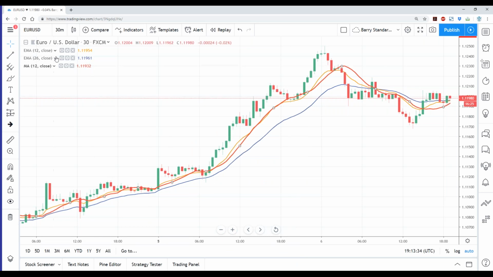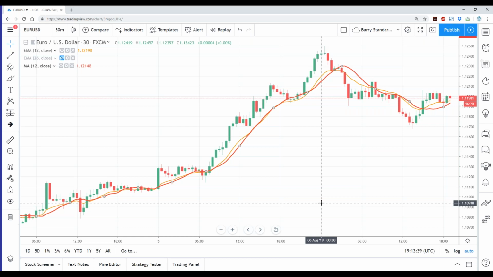What I have on the chart right now is a 12 period simple moving average based on the close. That simple moving average is the reddish orange line.